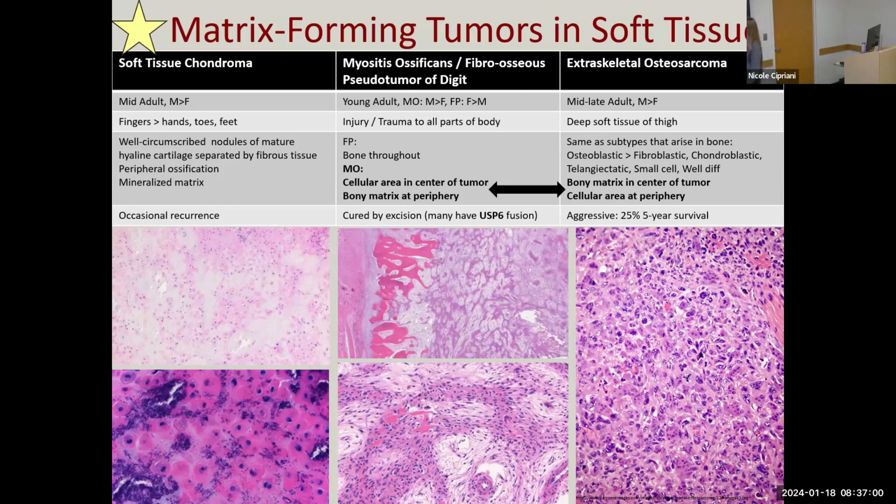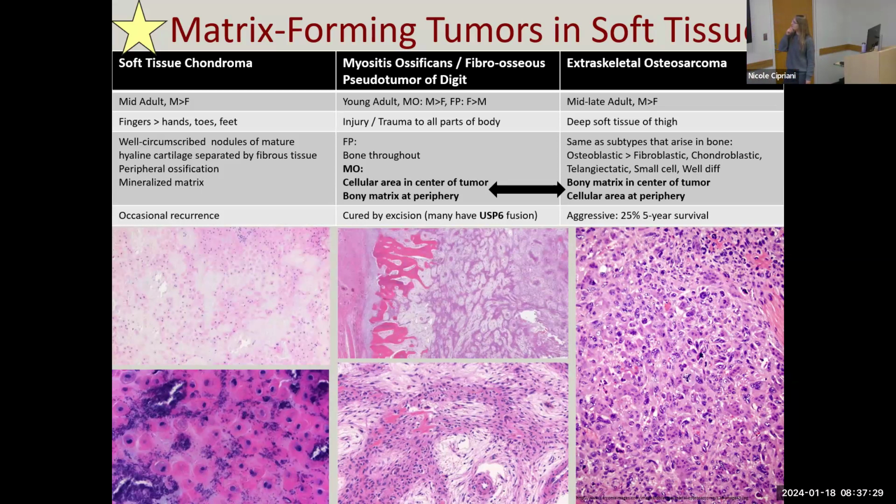But they basically look like cartilage, occasionally with stippled calcification. But if you're not thinking about cartilage because you're not in a bone, you can miss these because you might be thinking of something epithelioid, something keratin expressing, especially if it looks like this. But always remember possible cartilage.